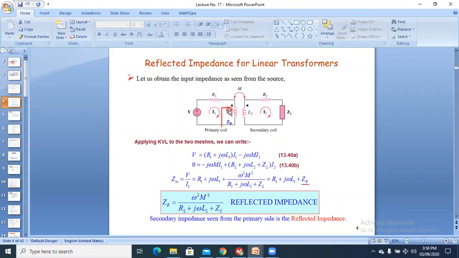The reflected impedance of the network is, in fact, the input impedance of the network: the impedance of the network 1 plus the reflected impedance is the total impedance which this primary network faces.